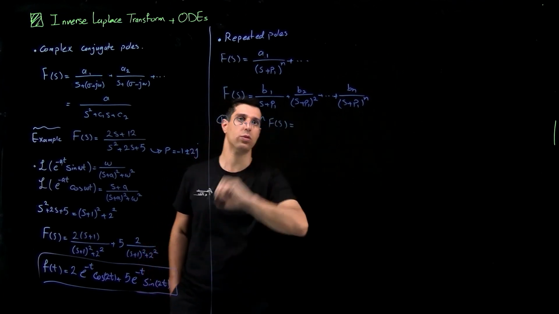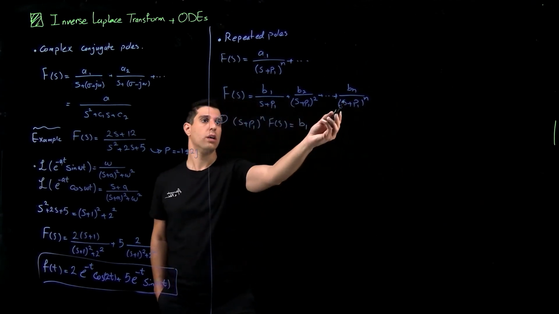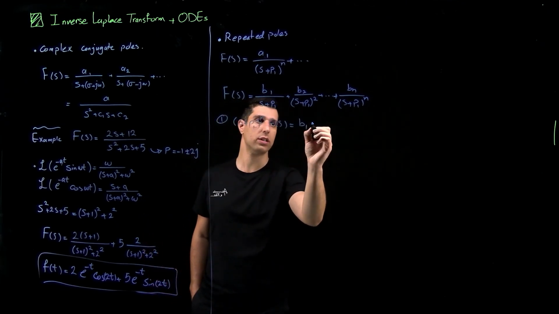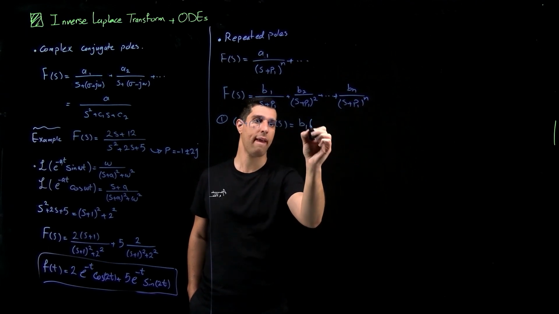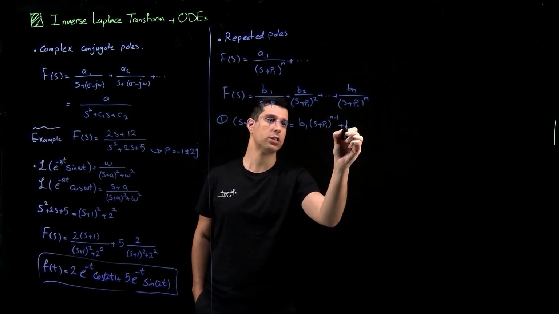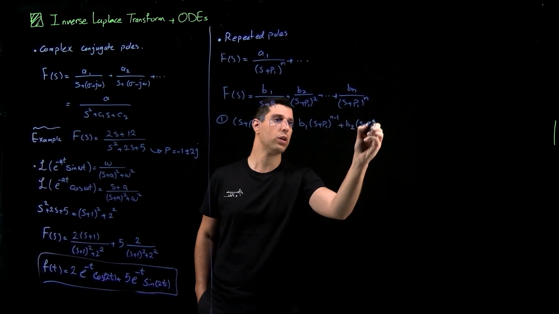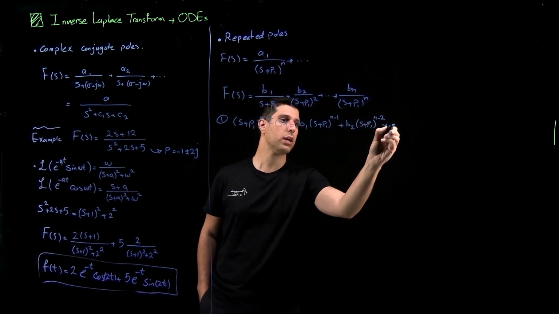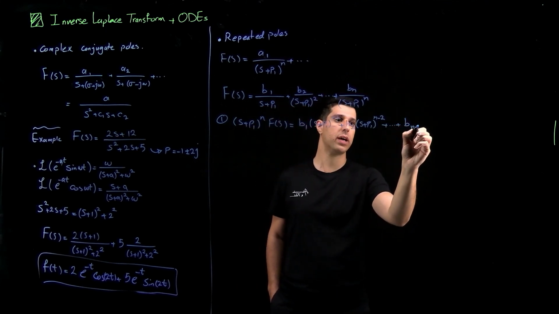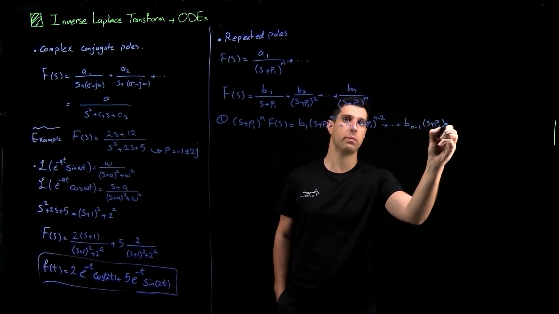So s plus p1 to the power n times f of s equals b1, where one factor cancels with the denominator, so I end up with s plus p1 to the power n minus 1, plus b2, now 2 of them cancel, so I have s plus p1 to the power n minus 2, plus dot dot dot, b n minus 1 times s plus p1, plus bn.